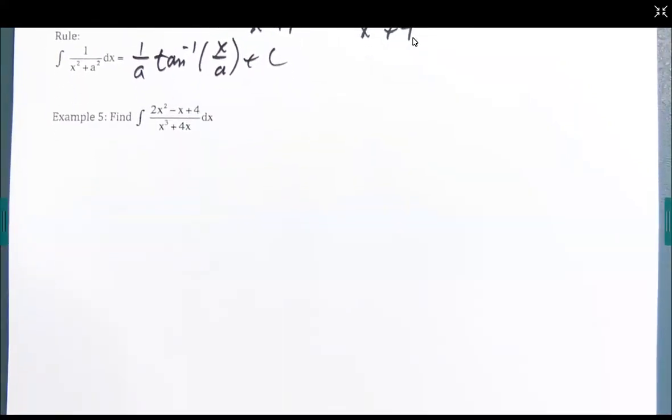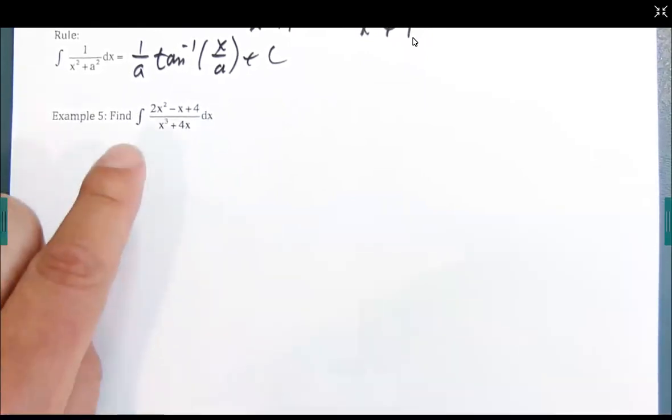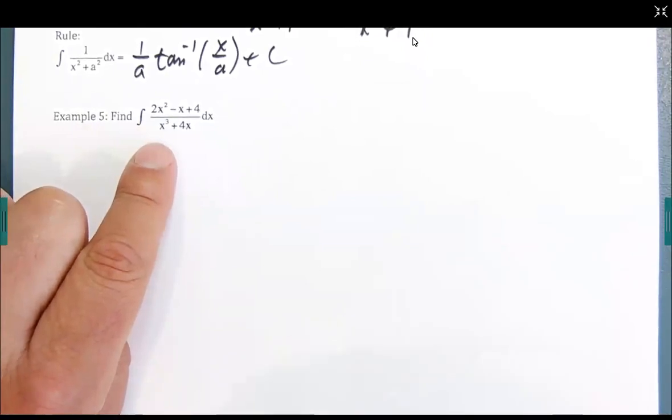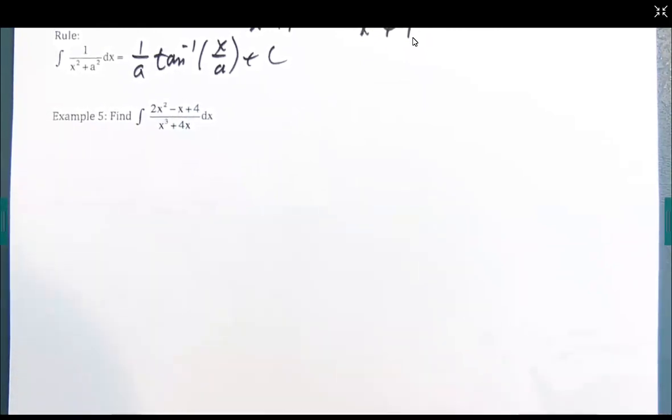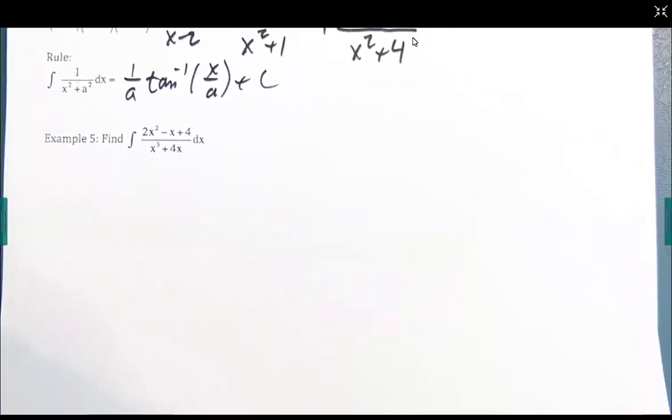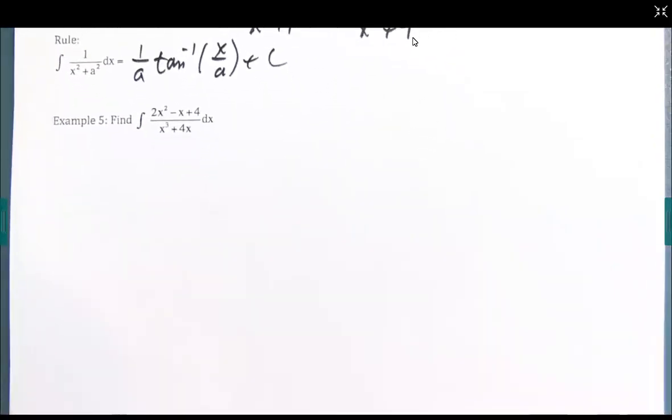All right, example 5. I'm going to notice that the degree in the numerator is smaller than the degree in the denominator, so I don't need to do any long division, but you always need to check for that. I'm going to factor this denominator, and in fact, I'm going to do that on a separate sheet of paper.